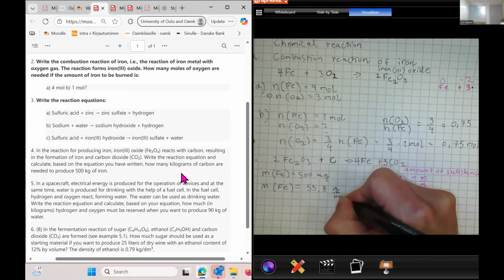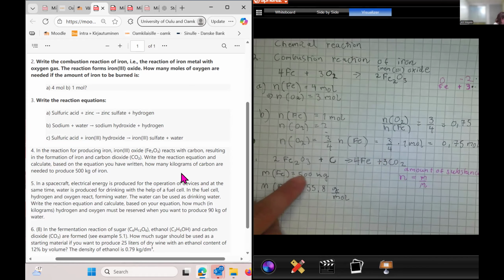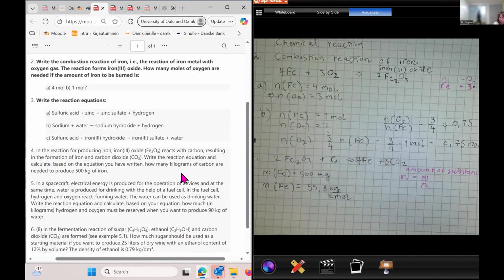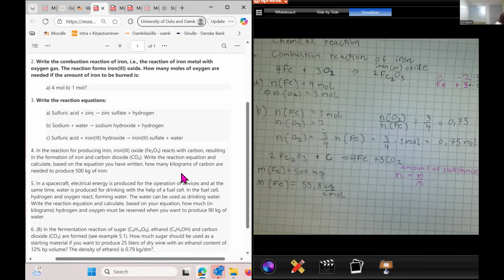It will be quite a lot, so it is also in kilograms. I can also write it as kilograms per kilomole. It's the same. This is how many kilograms it weighs for a kilomole, which means this is the multiplier of 1,000.